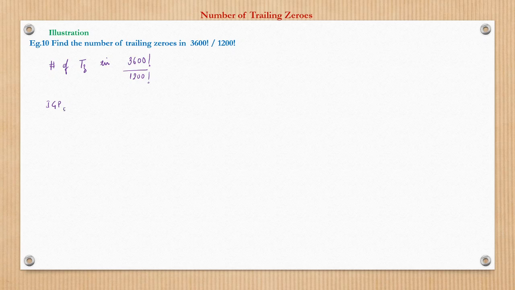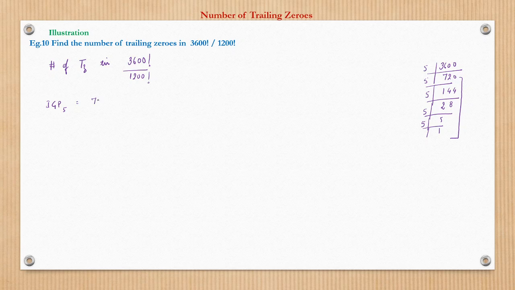So IGP of 5 in 3600 factorial. Here we need to go by the division method. So it will be 5 7s are 35, 25, right? Then it will be 5 2s, 5 8s, right? So what would be the summation of this?